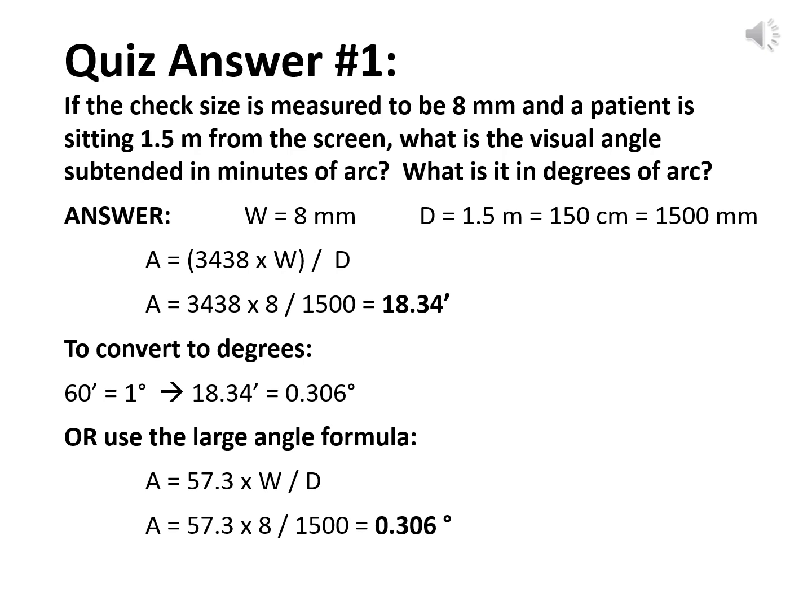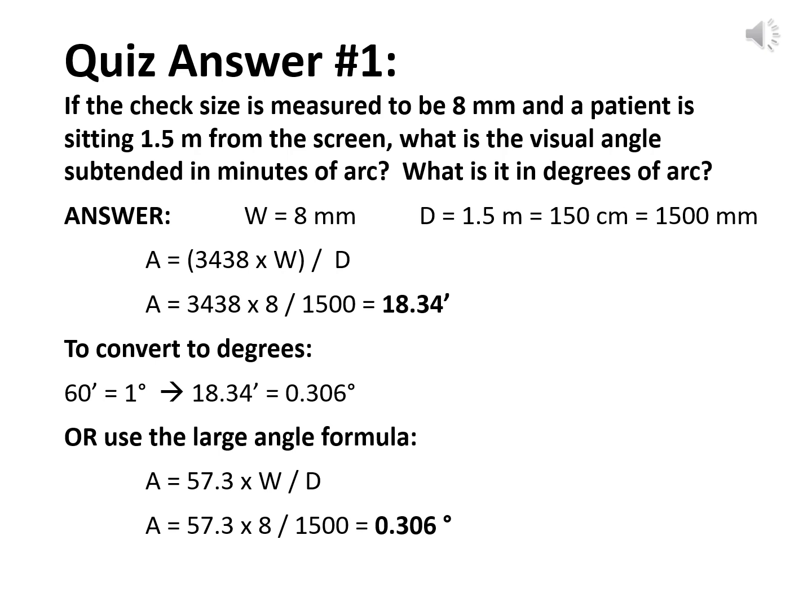We're going to use the formula for small check sizes, which is A, the visual angle, equal to 3,438 times W, all divided by D. So it's 3,438 times 8 divided by 1,500, and the answer is 18.34 minutes of arc.